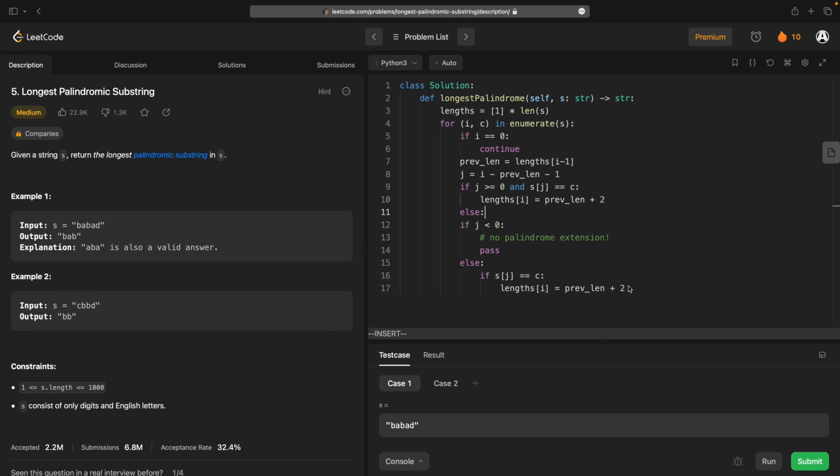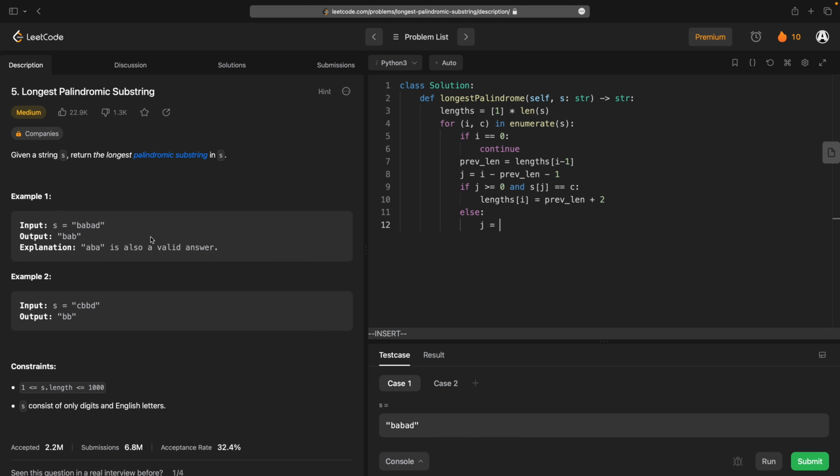Else, then we need to change what we're doing. So there are 2 cases here that we need to worry about. More motorbikes?